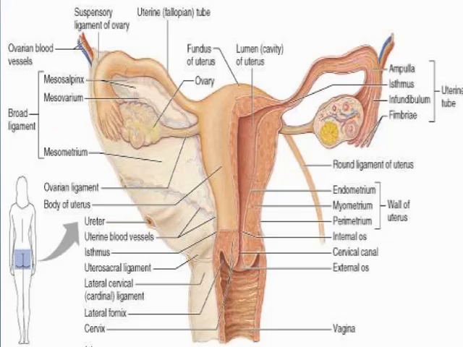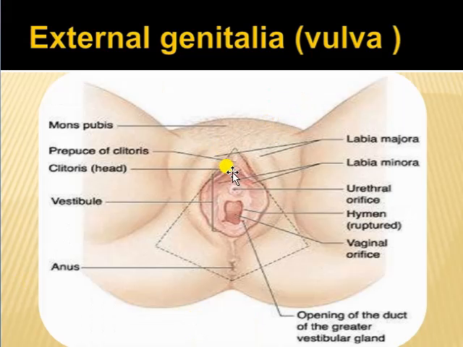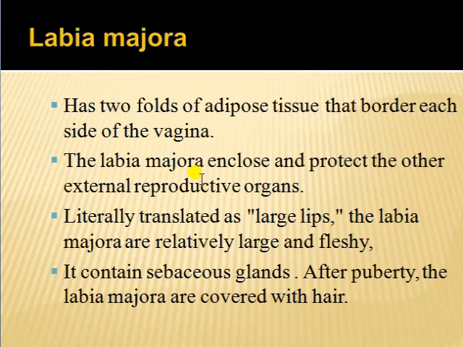If you see, this is the labia majora, this is the labia majora, and this is the labia minora. The two folds are fatty in nature, with superficial skin, and hair is also present on the surface. So the labia majora enclose and protect the other external reproductive organs.